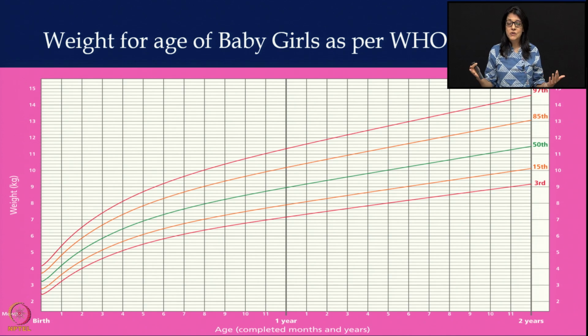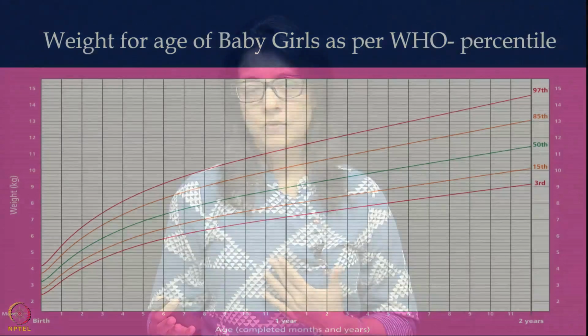All these children till 5 years of age grew at the same rate, and that is why most of the countries in the world use the WHO growth chart. So, the same chart we are using in India. In the US we use this growth chart for younger children, after that we use another growth chart, but for younger children we are using the WHO growth chart in the US also.